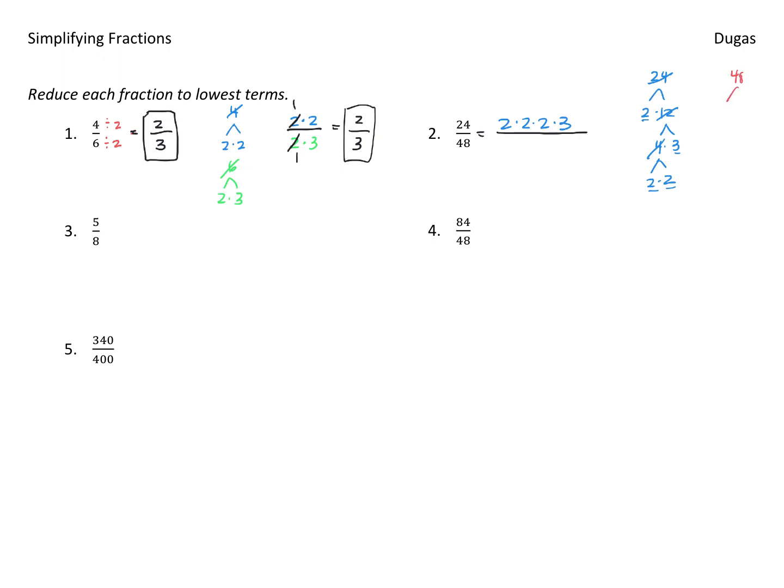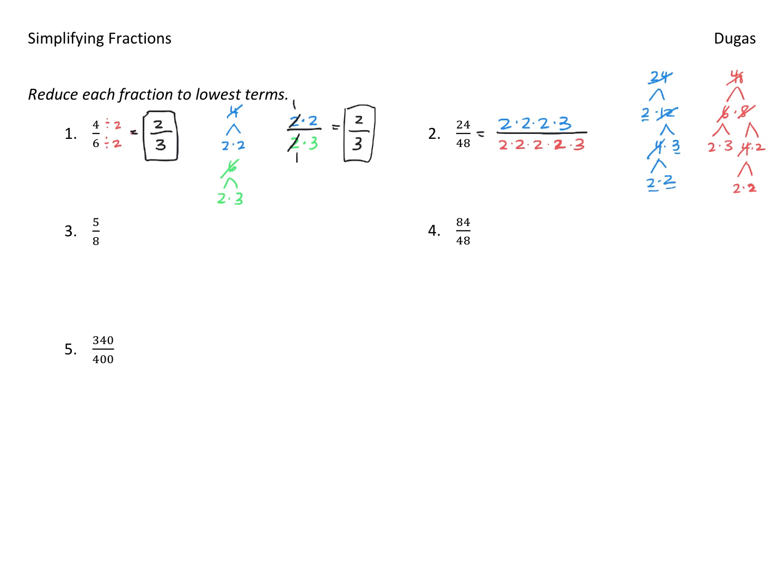So 48, that's 6 times 8. 6 is 2 times 3. 2 and 3 are prime. 8 is 4 times 2. 4 is 2 times 2. And now I have all 2's and 3's. Those are all prime. I have 4 2's and 1 3. So I can rewrite 48 as 2 times 2 times 2 times 2 times 3.